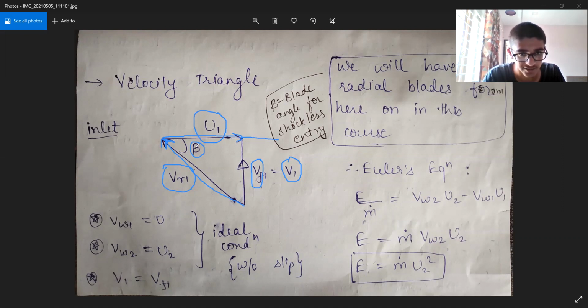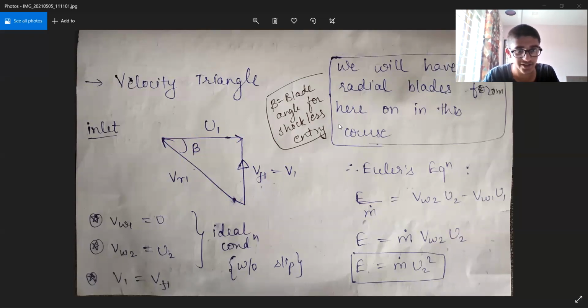So beta is the angle between the blade speed U and the relative velocity, while alpha is the angle between the blade speed U and the absolute velocity. And the subscript 1 indicates the inlet and the subscript 2 will indicate the outlet.